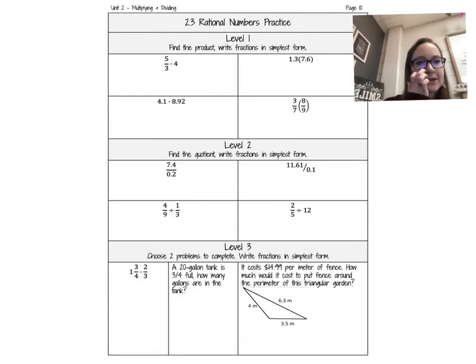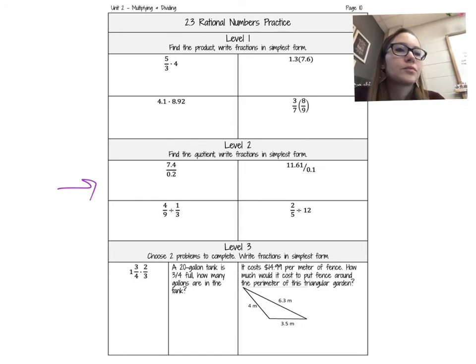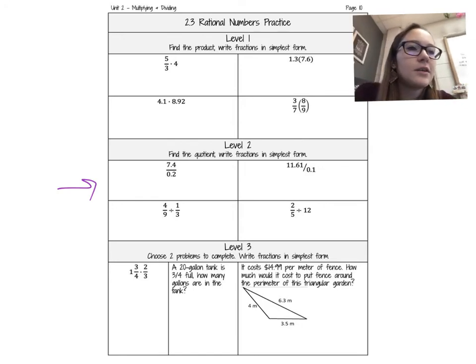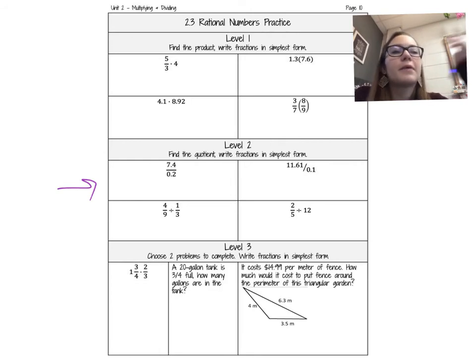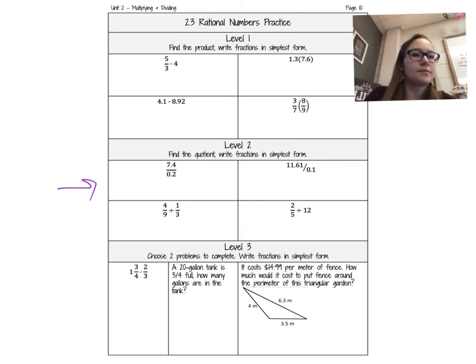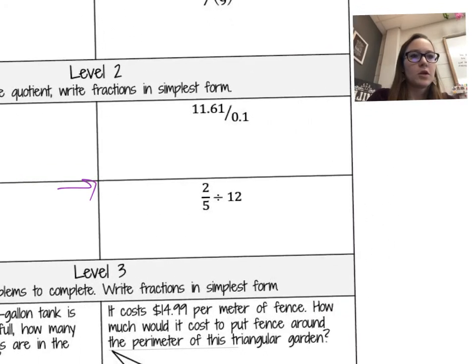All right, so we have some practice. I'll help you set up a couple, okay? So I'll help you set up some in level 2. So 7, let's do 11.61 divided by 0.1. I'm just going to set it up for you. I'm not going to do it for you, but I'll start it through.